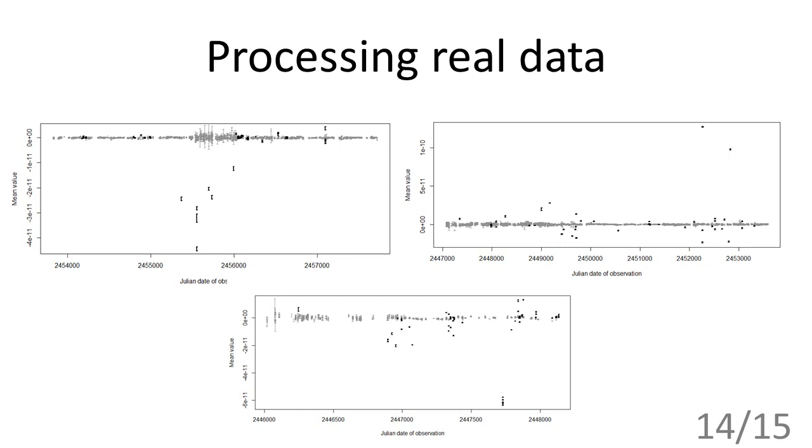For example, as for me, just from the visual point of view, these observations seem a bit different from what we can see close to these observations. I have no idea why they were not detected, but for some reason they were not. Probably they are not, let's say, significantly different.